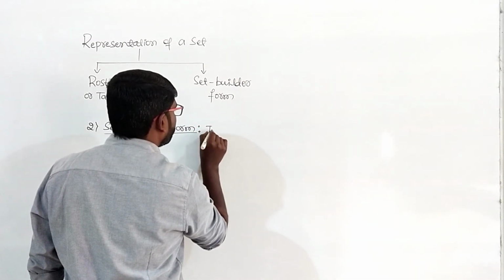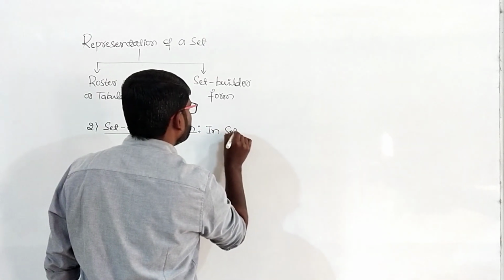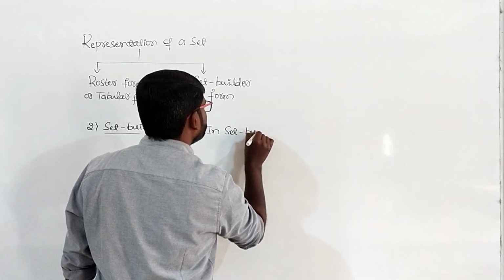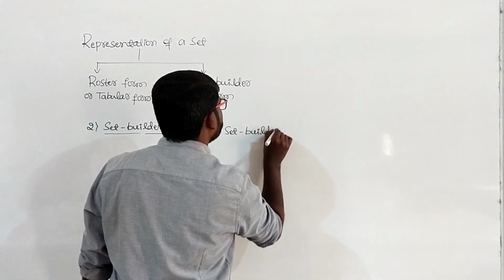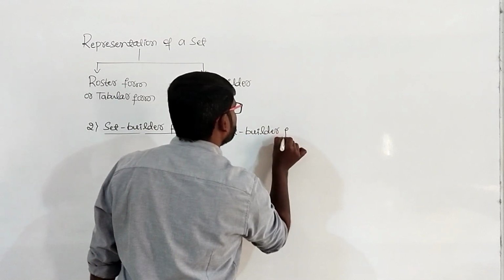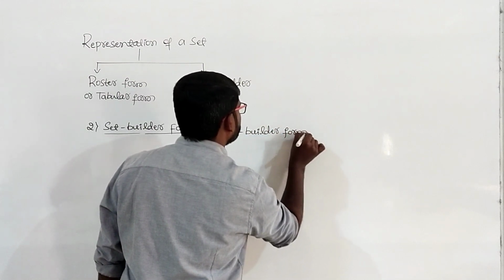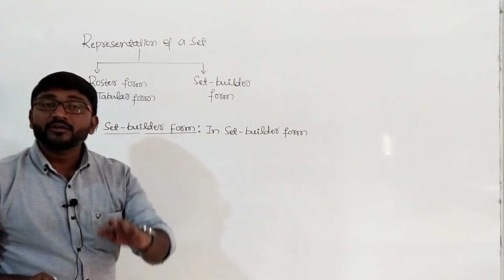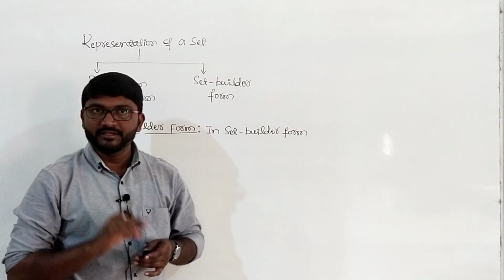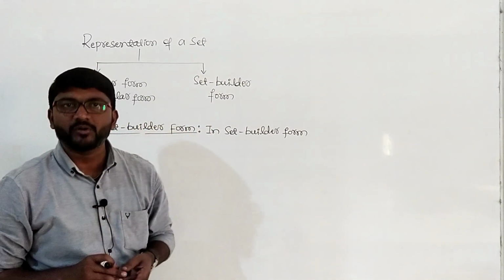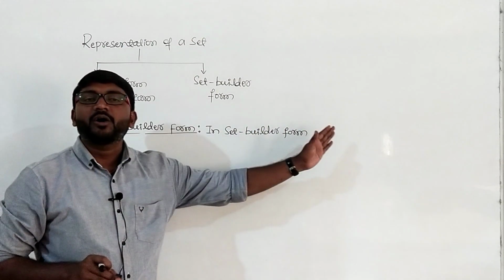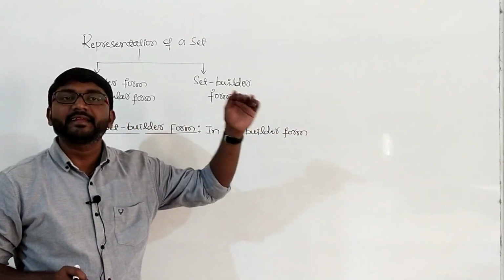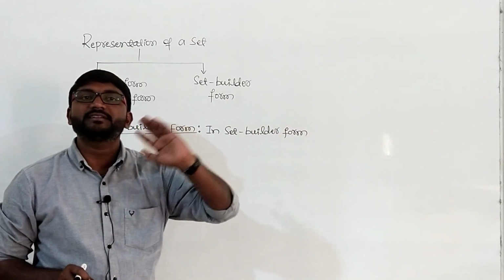In set builder form, we are not going to list all the elements. Instead, we are going to write a common property that all the elements possess, that represents all the elements in a set.